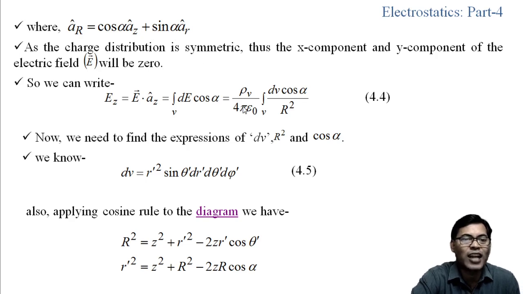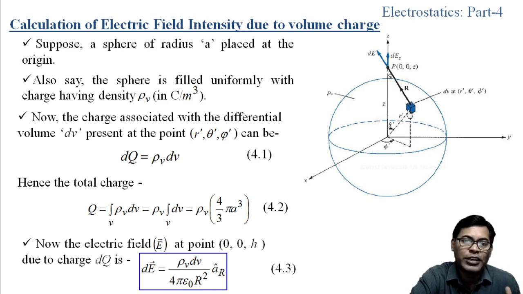Now, as the charge distribution is symmetric, the x component and y component of the electric field E will be 0. The idea is the same as we have seen in the calculation of the electric field intensity for an infinite sheet of charge, where the x component and y component are 0. So here also, if dV is present here, on the opposite side also dV is present, and for that also we get an electric field.